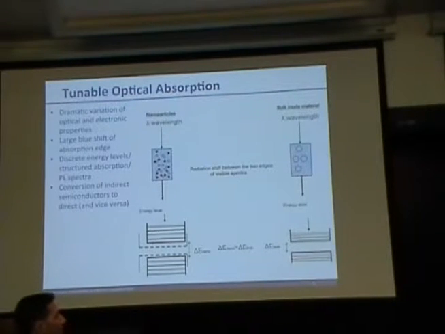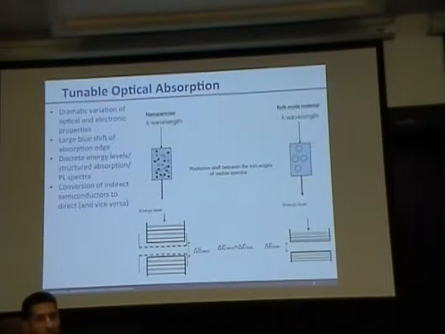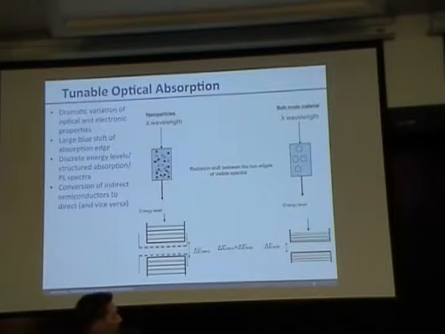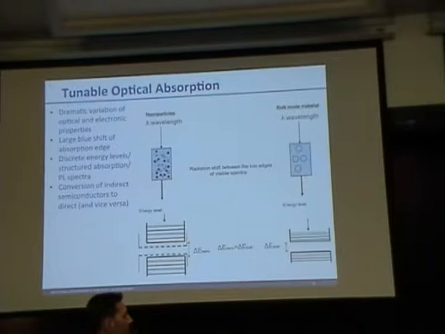And so first, tunable optical absorptions. We can have a dramatic variation in semiconductor particle properties based on their band gaps, particularly. We can show they have large blue shifts in the absorption edge.